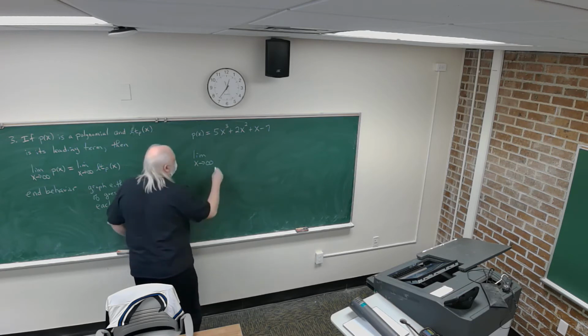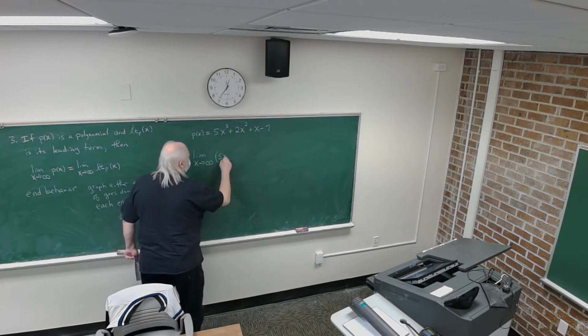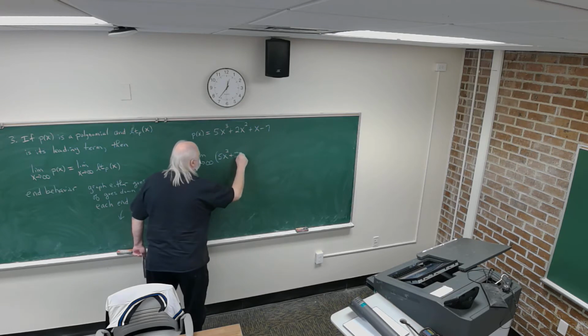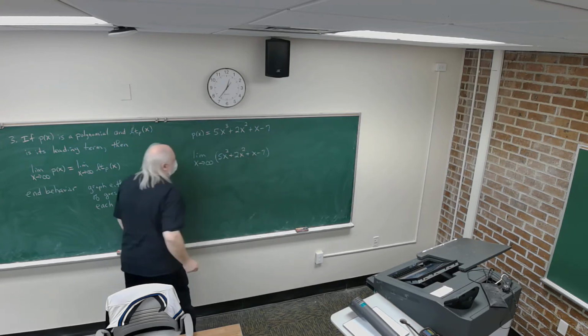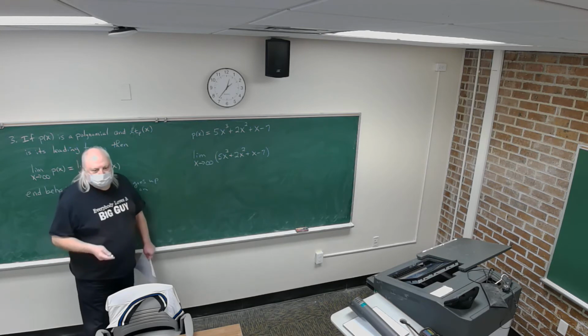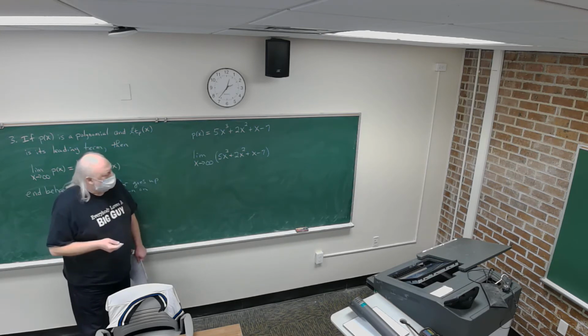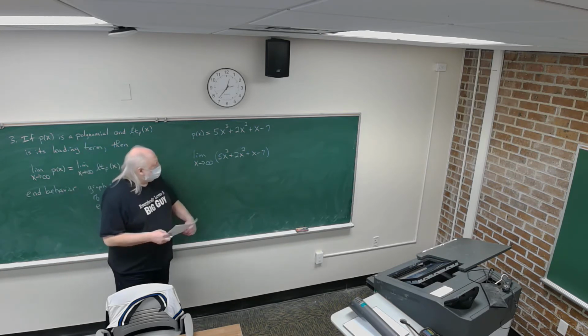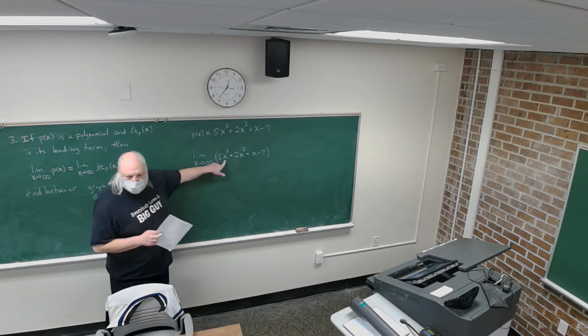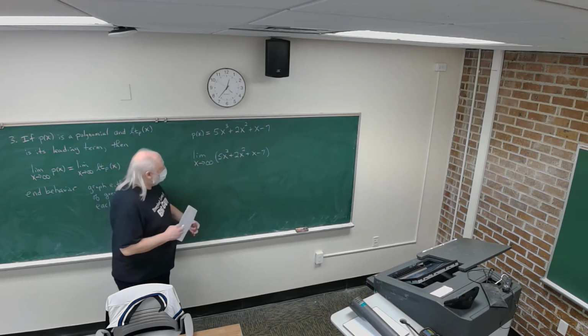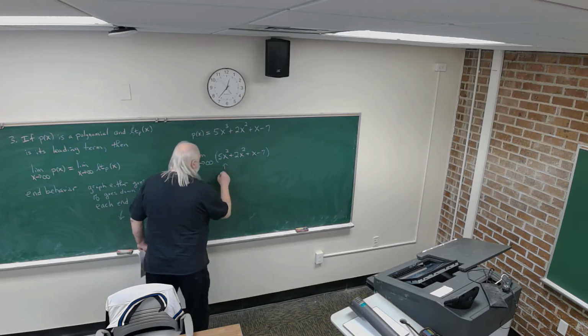So the limit of that polynomial as x increases without bound, okay, is determined by the leading term, right? The leading term is the term with the largest power of x. The largest power of x is x cubed. And so the leading term is 5x cubed.